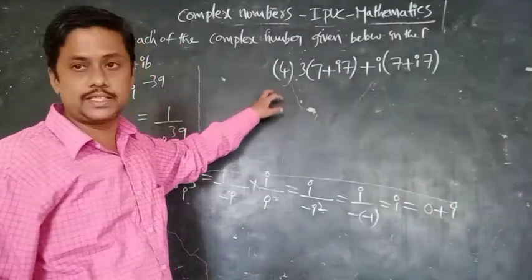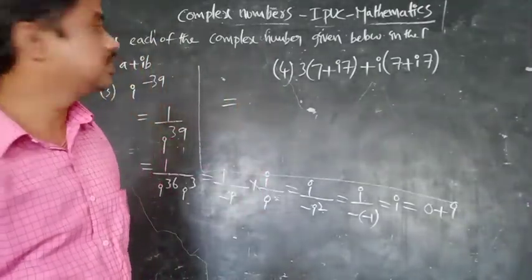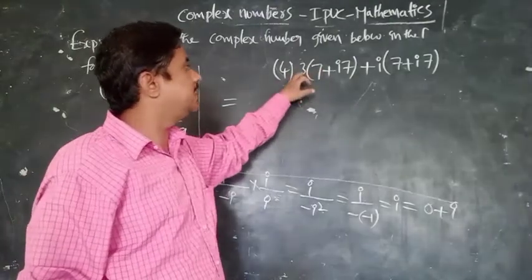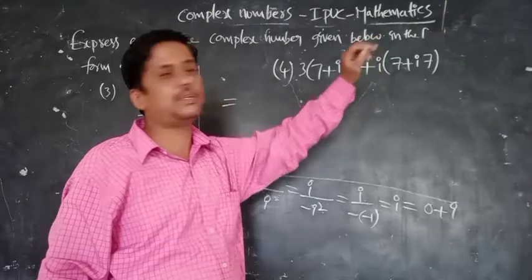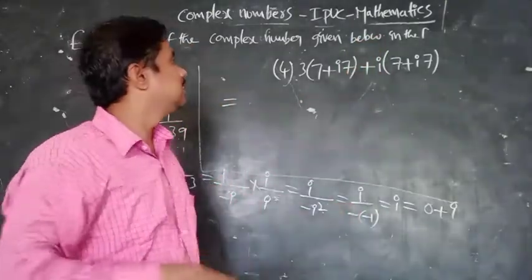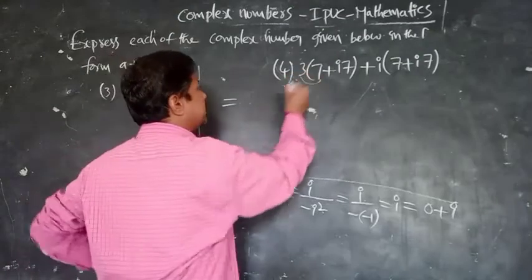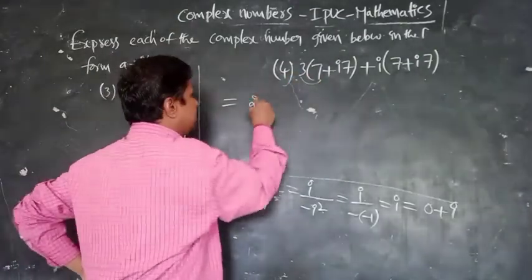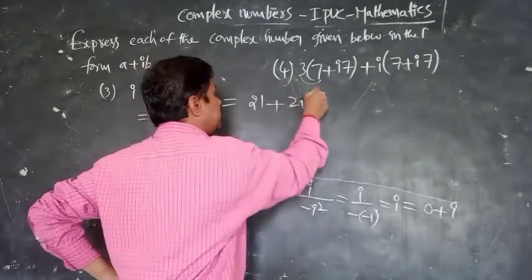Next question, question number 4. Multiply 3 plus i7 into 7 plus i7. Okay. Multiply: 3 into 7 is 21. 3 into i7 is 21i.